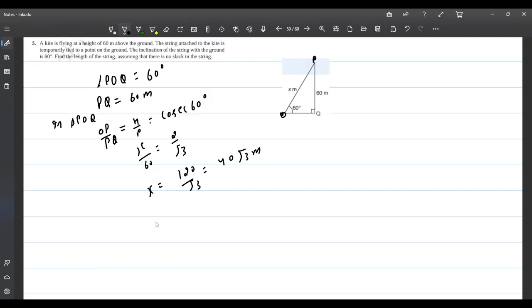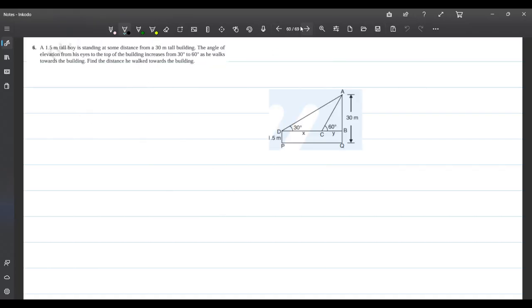So length of string is 40 root 3 meter. Now move to the sixth question.